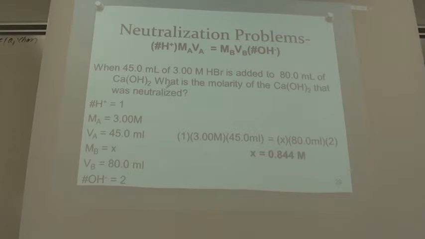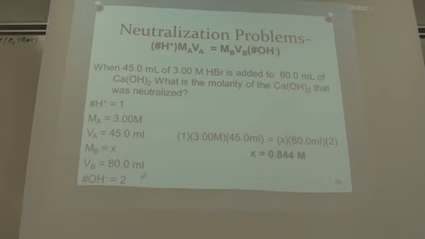Write down the problem because you're going to solve the problem just like they do. I would like you to list your variables on the left-hand side. There is one hydrogen ion in hydrobromic acid. Its molarity is 3 molar. You're using 0.45 milliliters.